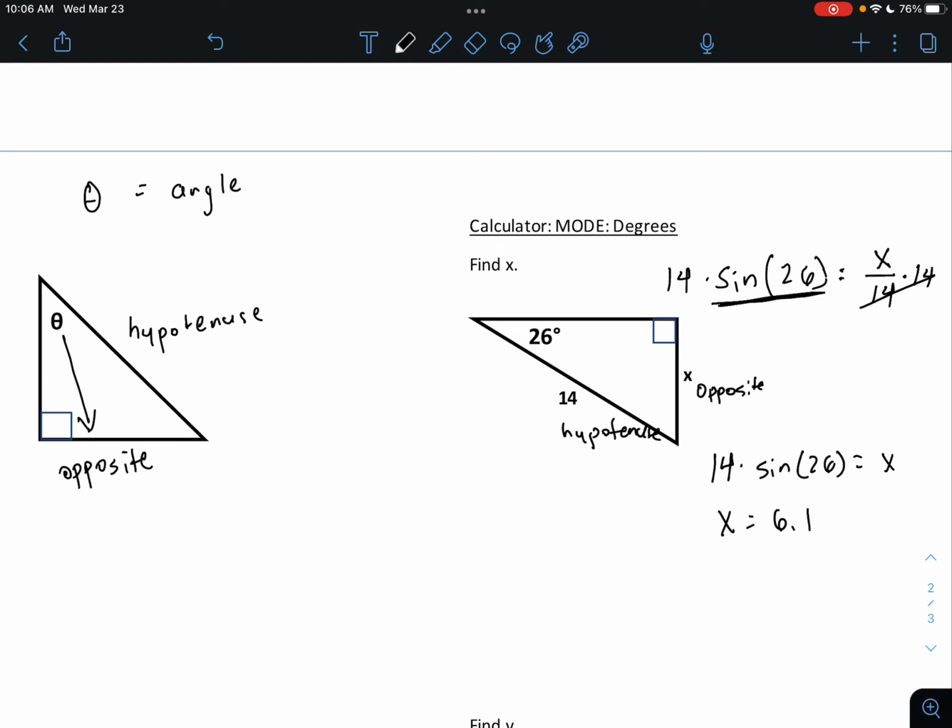And that's how you use the sine function. Every time you use the sine or the cosine or the tangent, you're going to be finding a missing side of your triangle.